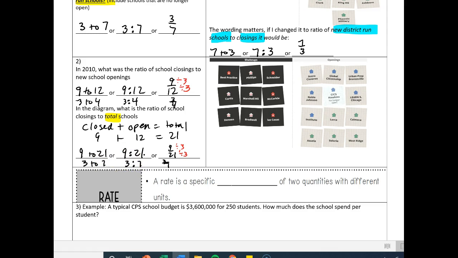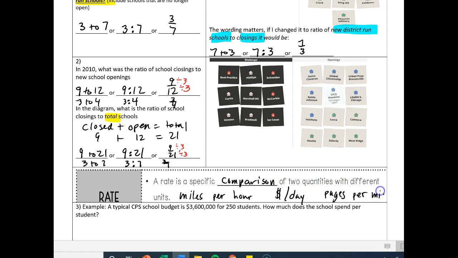All right. So now let's shift gears a little bit and talk about rate. So a rate is a specific comparison of two quantities with different units. So we've heard this before, such as miles per hour, or dollars per day, or pages per minute.